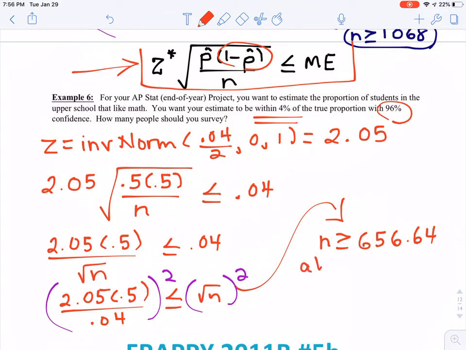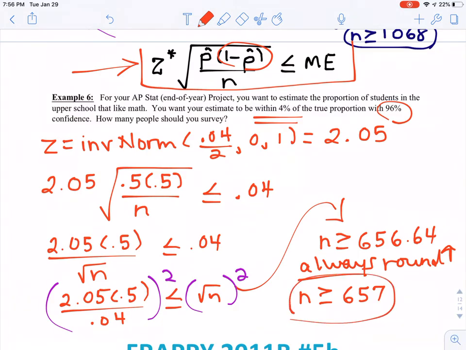I'm going to make this note here, always round up. Okay, when you round up, as n increases, your margin of error will decrease. So we always want to round up. We see that if we want to have it with these constraints, we need to make sure that we're surveying at least 657 students. Okay?